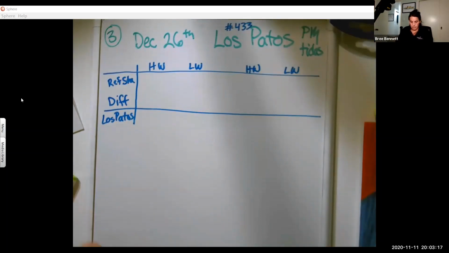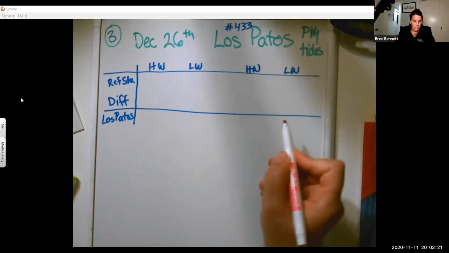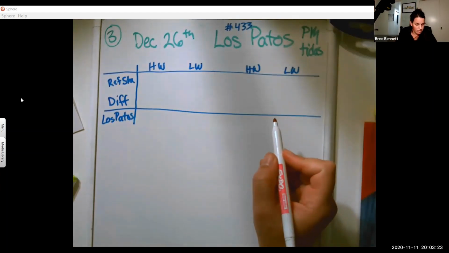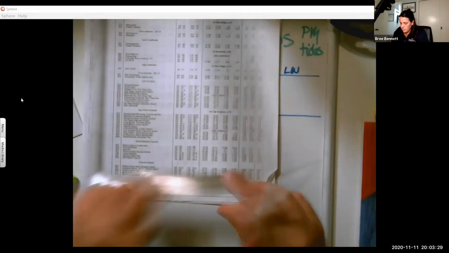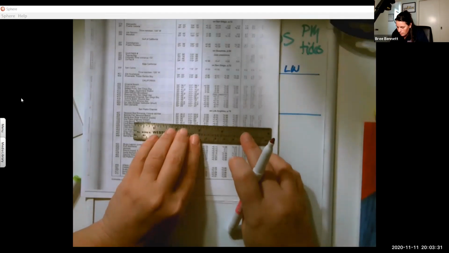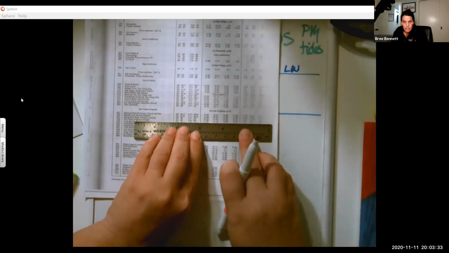For my differences, I'm just going to go to Los Patos Highway Bridge. And we have a little bit more of a difference here.